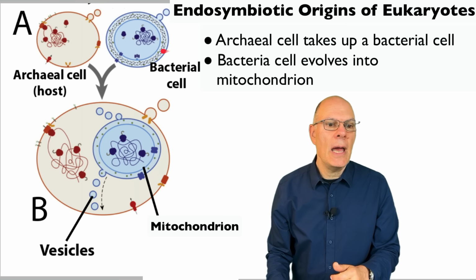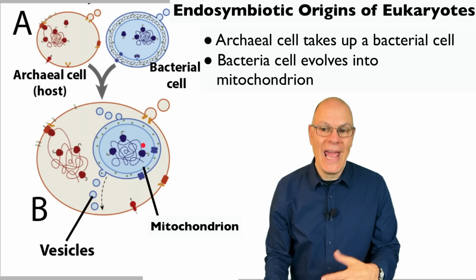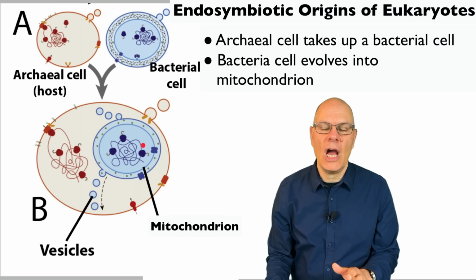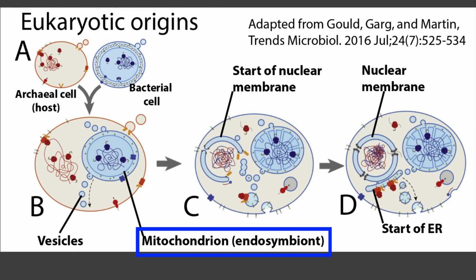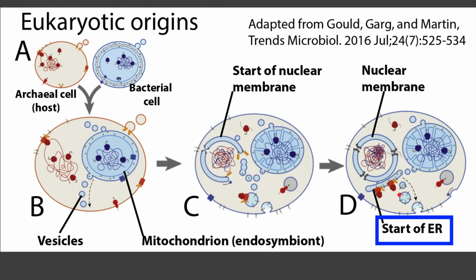So the bacterial cell entered inside the archaeal cell and it evolved into a mitochondrion. That mitochondrion, still kind of the bacteria, secreted vesicles, and those vesicles became the nuclear membrane, shown over here, and it started to develop structures that are part of the endomembrane system, like the endoplasmic reticulum.